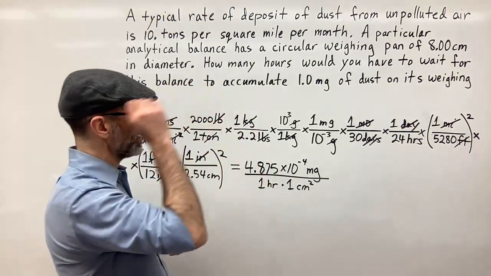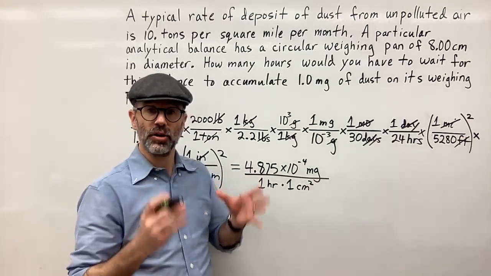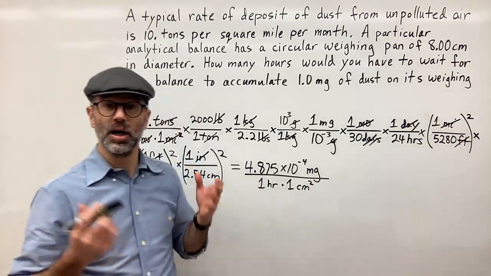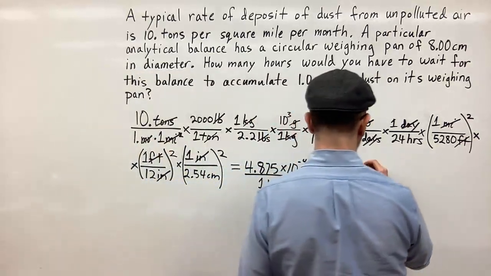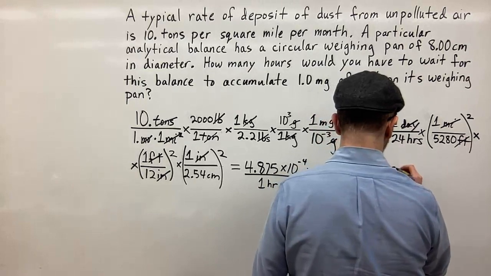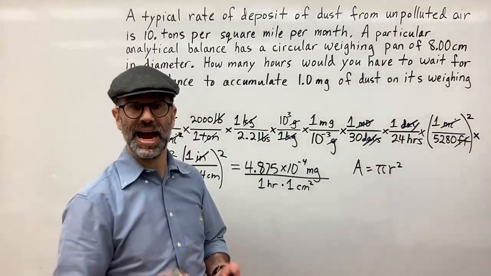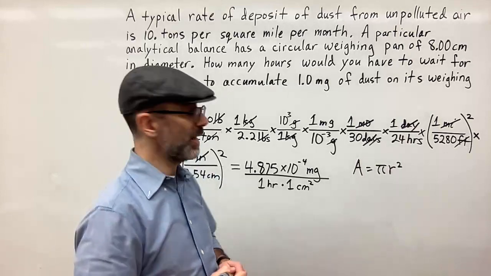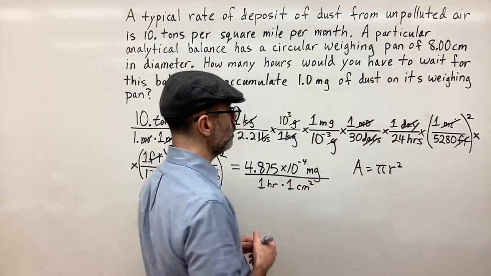And we know that the area of a circle is pi r squared. So the area of this circle, I'm going to write it over here. The area is equal to pi r squared, where r is the radius. The radius is half the diameter. So I'm going to take a half of 8.00.